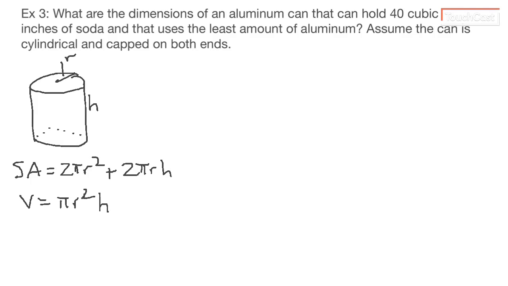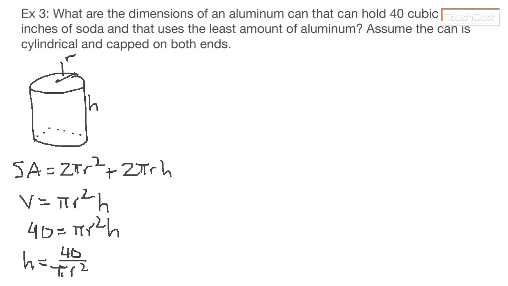So let's start by setting our volume equation equal to 40. 40 is going to equal pi r squared times h, and I'm going to actually just solve this for h, because then I can plug that into the surface area equation. So I'm going to divide both sides by pi r squared. So my height is going to be 40 divided by pi r squared.